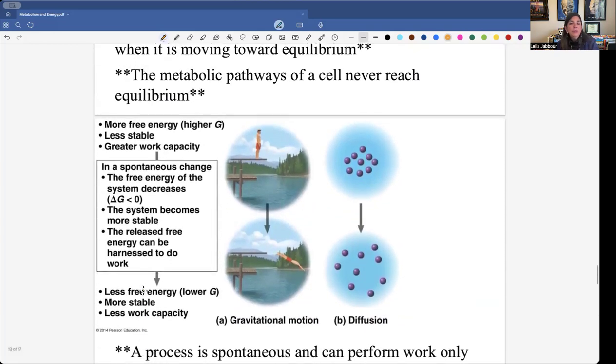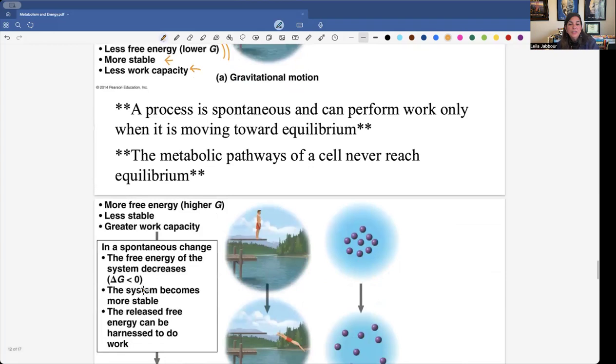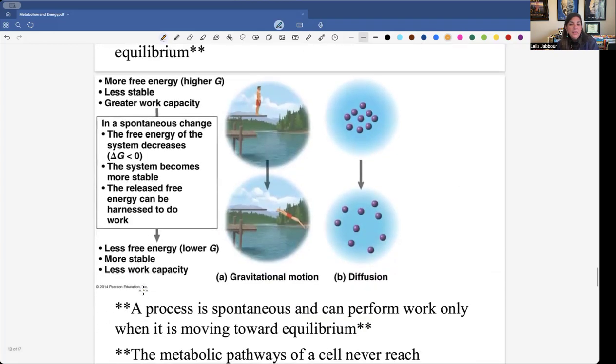Here there are two examples. The first example, the diver, is gravitational motion. This is really what makes the transformation from one stage to the next, from being still at the diving board to diving into the water.